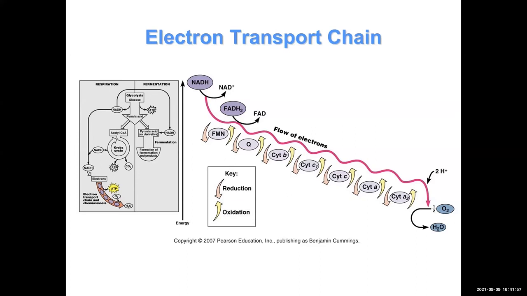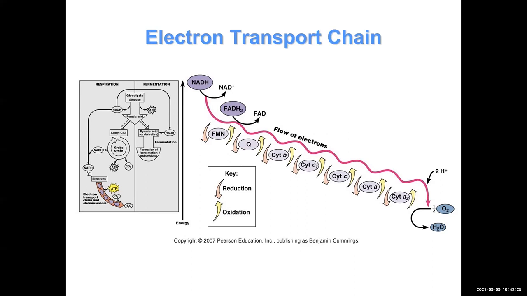One of the reasons that NADH generates more ATP per molecule compared to FADH2 is because NADH enters earlier. If you notice, FADH2 enters at a later time. Therefore, it's going to go through arguably fewer oxidation reduction reactions.